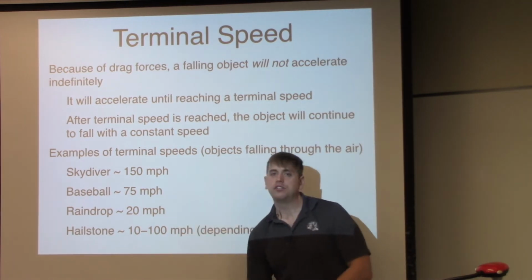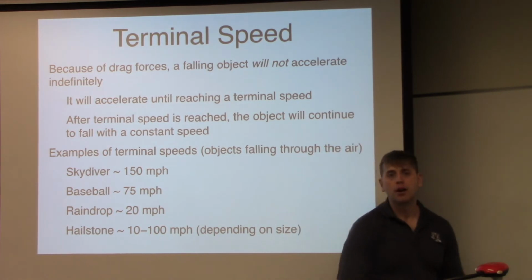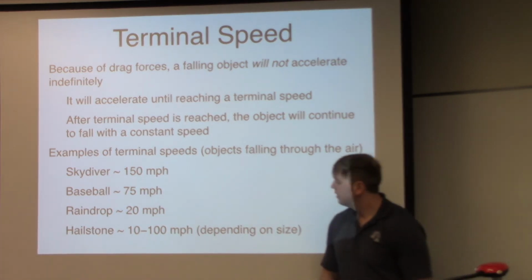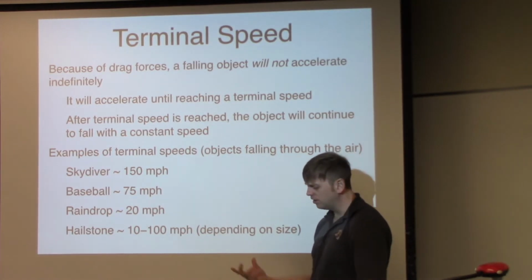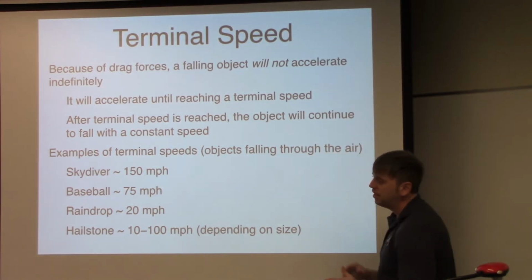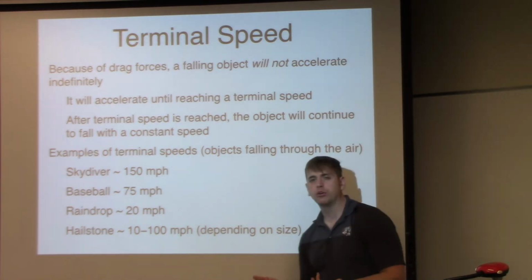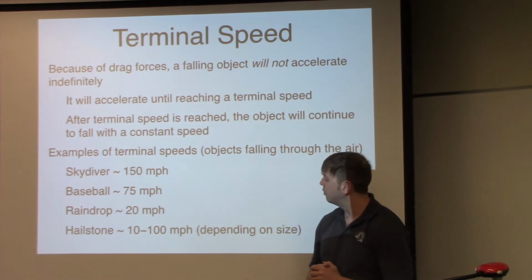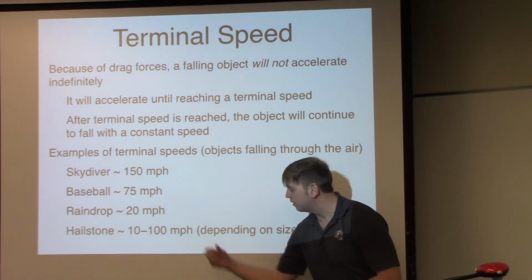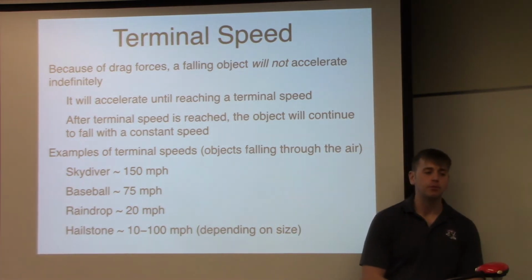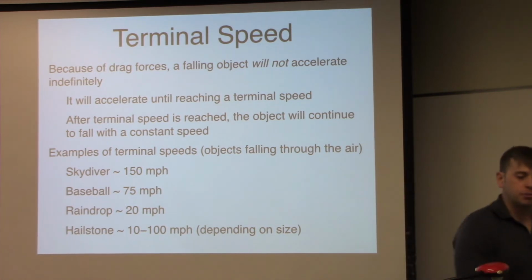But it reaches a terminal speed, it's only 20 miles per hour, so that's nothing, right? For hailstones, there's a range, because it really depends on the size of the hailstone. It can be anywhere between 10 miles per hour, which is not so bad to get hit with, but 100 miles per hour, that is a big hailstone, and that could potentially hurt you pretty badly. So that's just what terminal speed is all about.